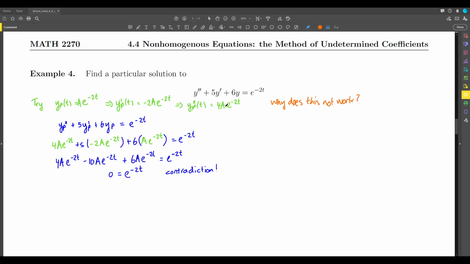The auxiliary equation for our differential equation looks as follows: r squared plus 5r plus 6 equals 0.